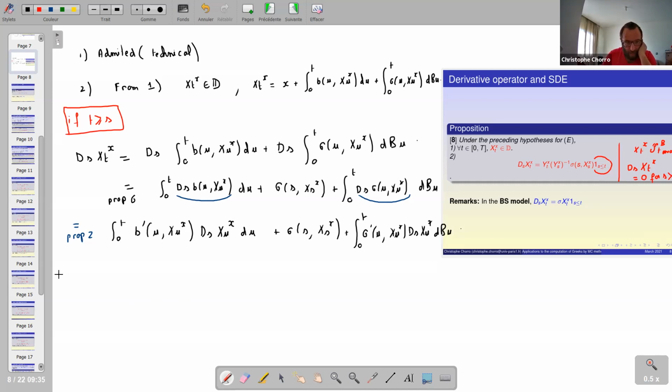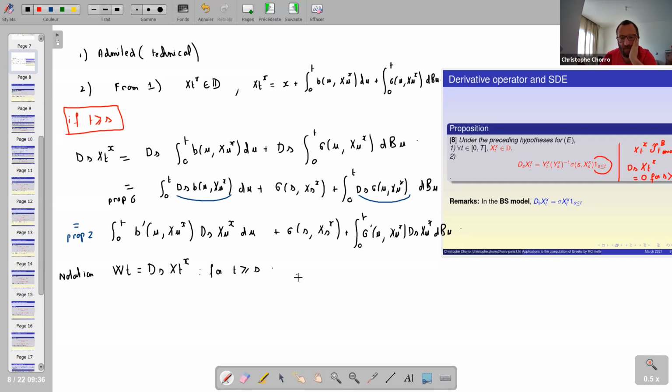If I denote by notation Wt the ds of xt of x, what I have proved with my previous computation is that for t greater than s, Wt fulfills a particular stochastic differential equation, the following one.